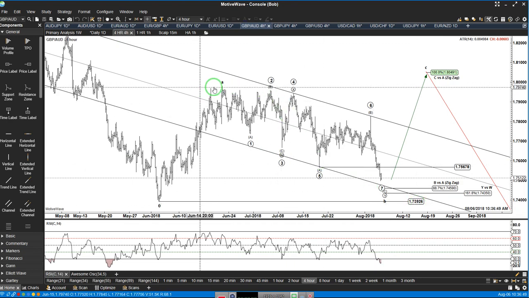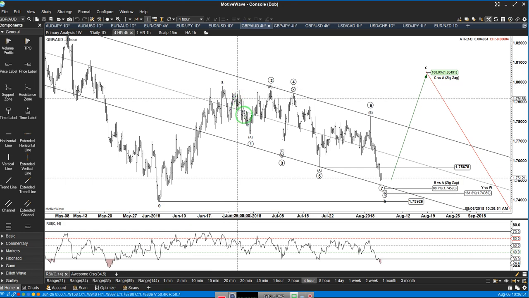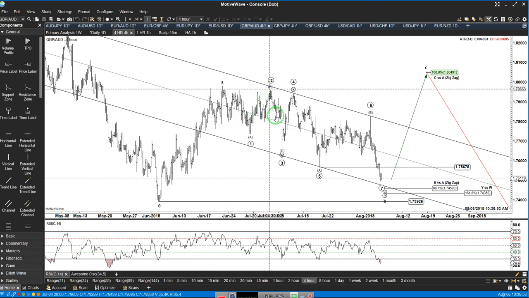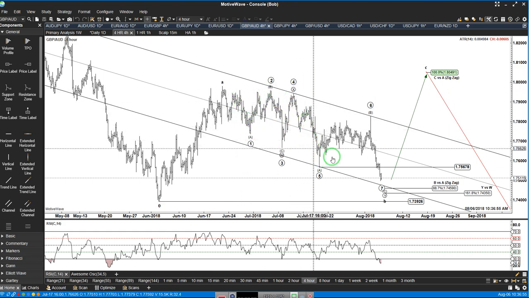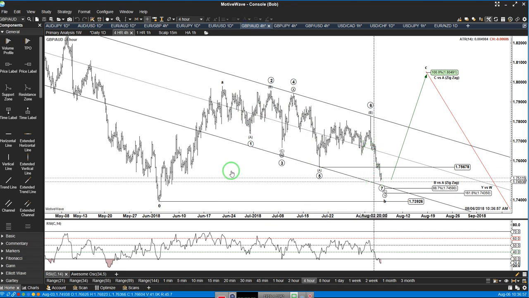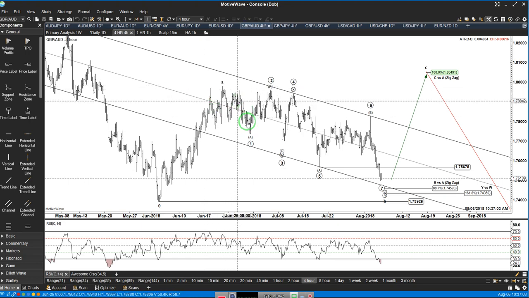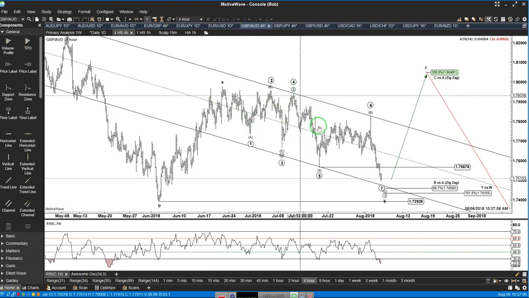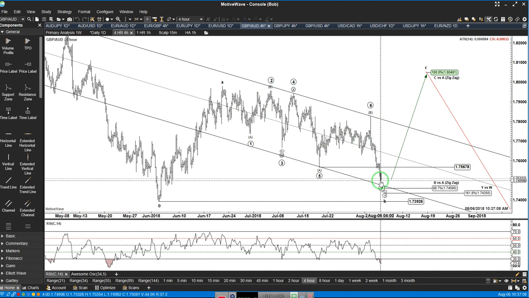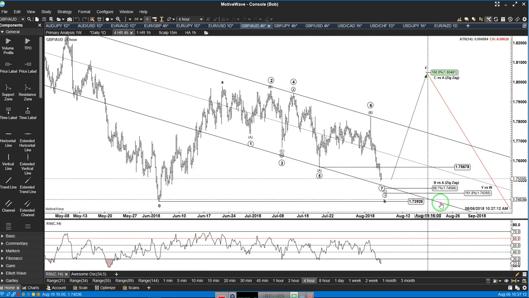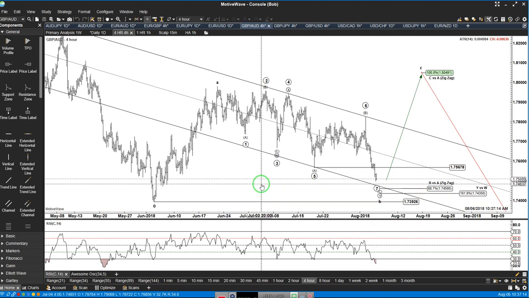From this high we have 1, 2, 3, 4, 5, 6, 7 swings. You could actually go with 1, 2, 3, 4, 5, 6, 7, 8, 9, and then we need a 10 and 11 yet, but getting real close to that 73.92.